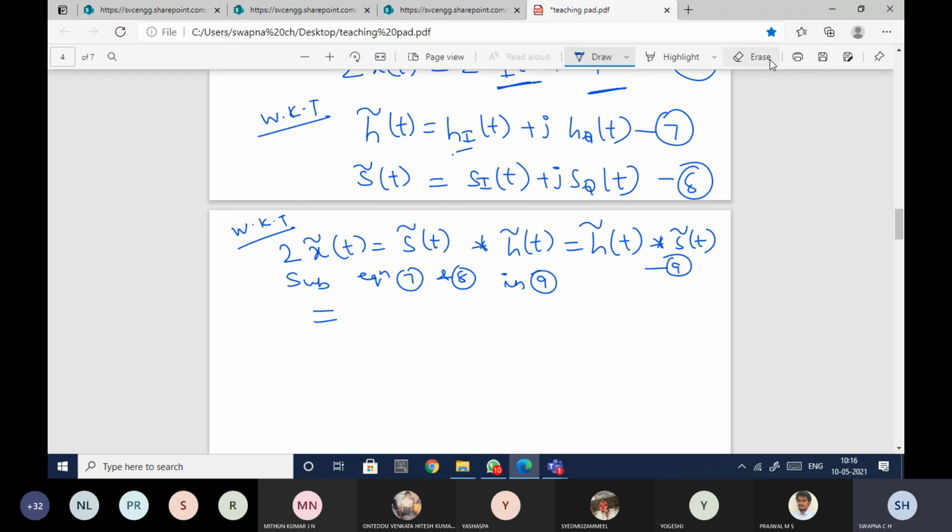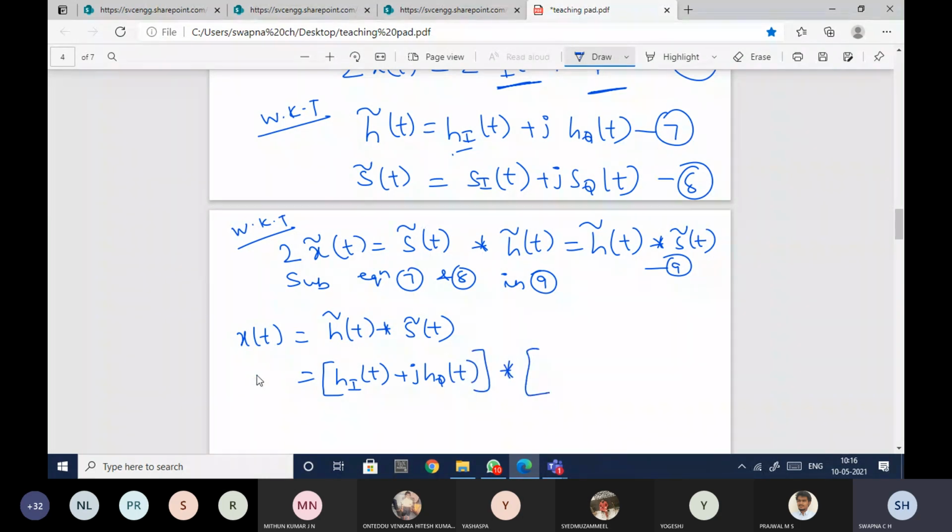Let me write this properly. 2x tilde of t is h tilde of t convolution with s tilde of t, which in terms of in-phase and quadrature components is hi of t plus j hq of t convolution with si of t plus j sq of t.